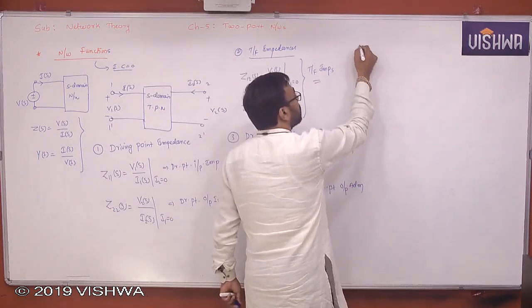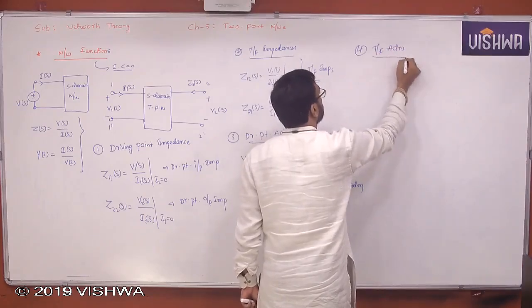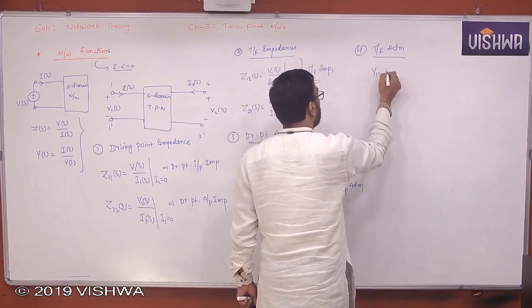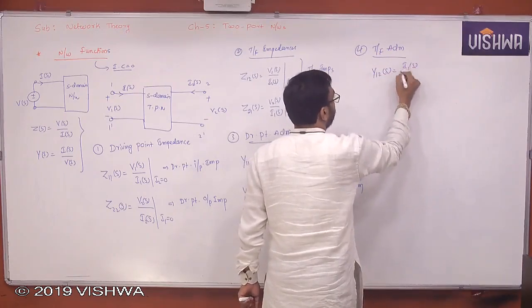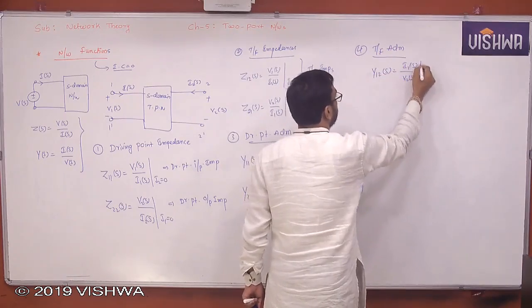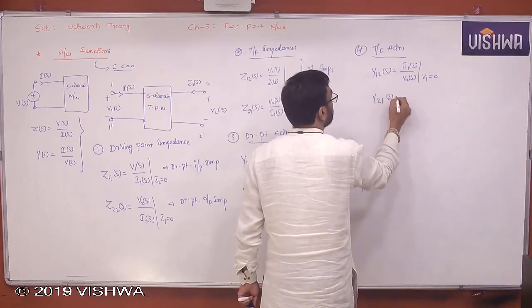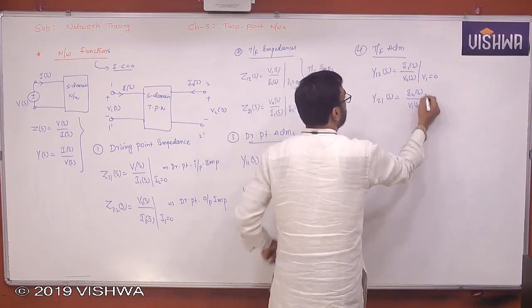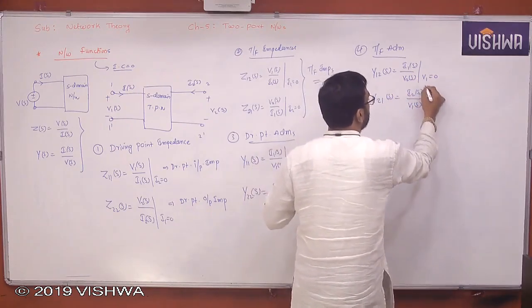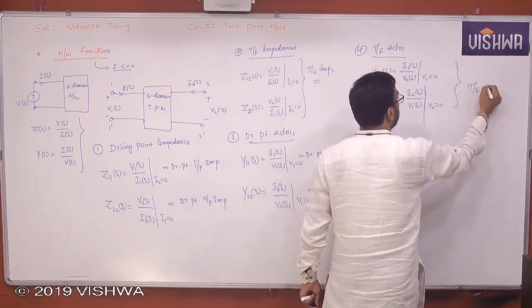Transfer admittances: Y12 of S is I1 of S by V2 of S when V1 is 0. Y21 of S is I2 of S by V1 of S when V2 is 0. So these are called transfer admittances.